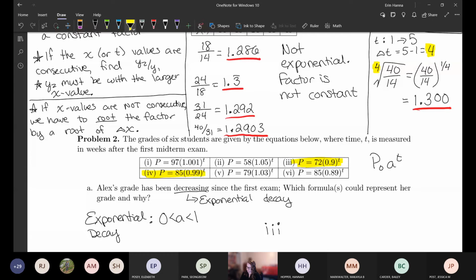Then the fourth one, which is 0.99, just below 1. And then this sixth one. So the third one, the fourth one, and the sixth one are all options to represent Alex's grade, because those all represent decreasing functions.